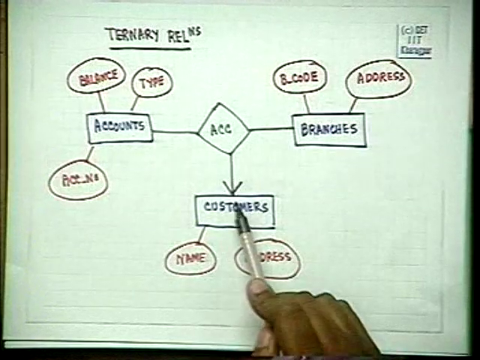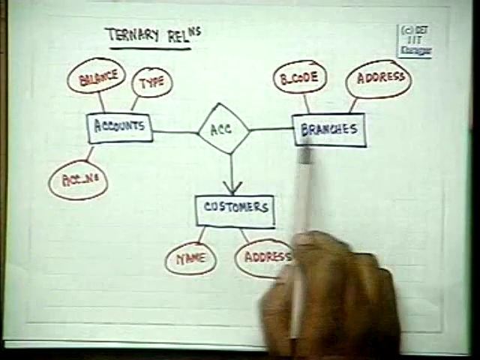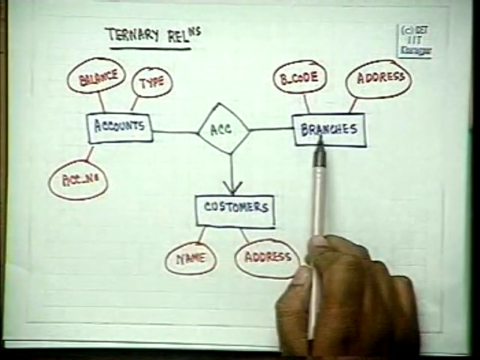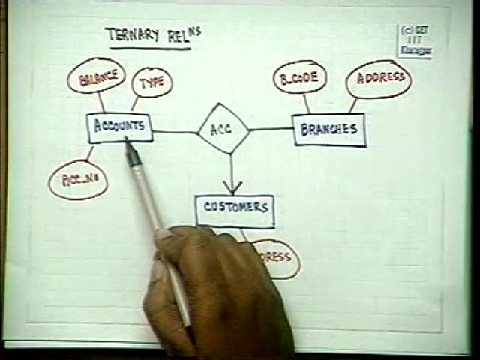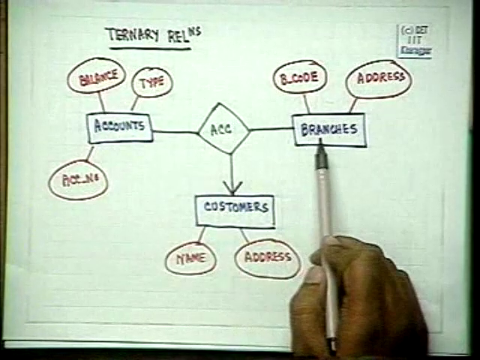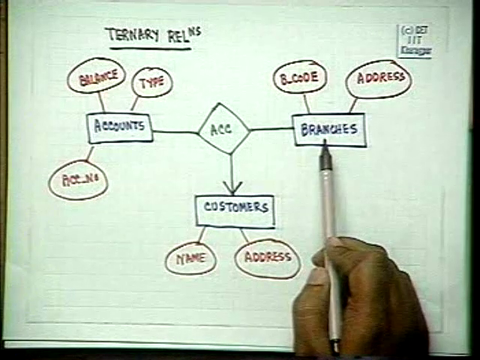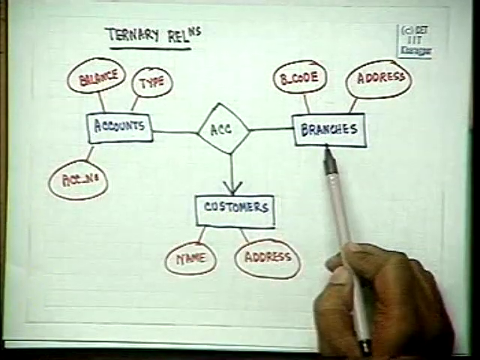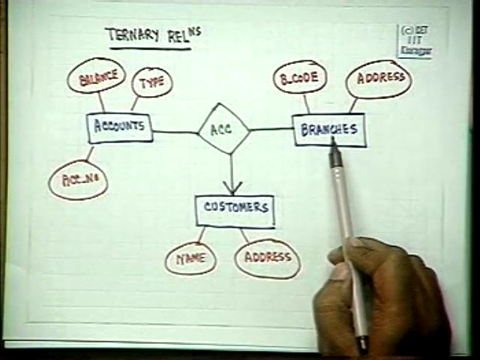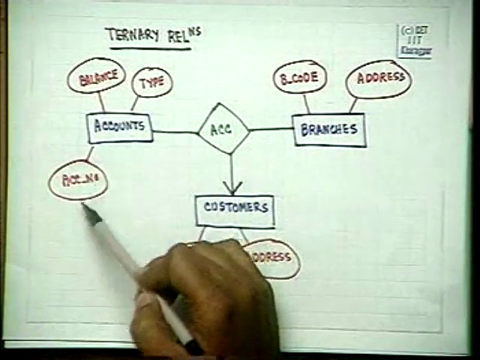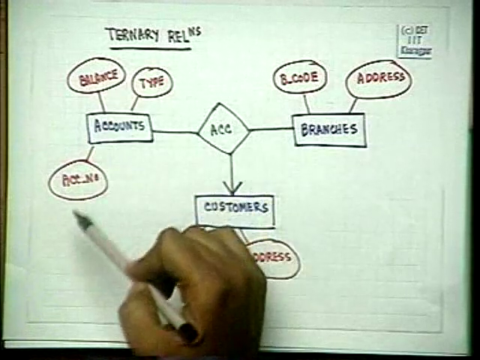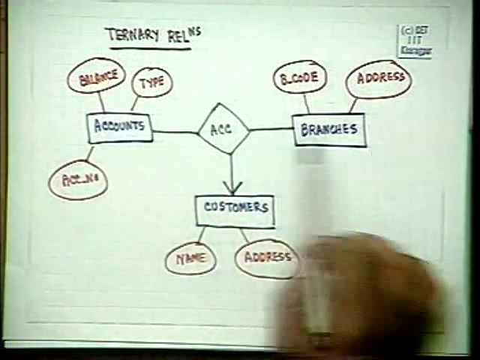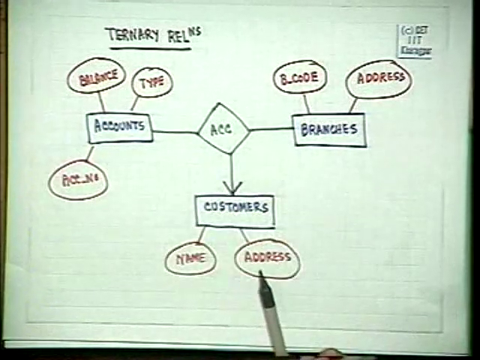Therefore, it means this to this, an account may be there, the same account number, balance and type may be there in 5 branches, and since it has got no arrows here, it means that in one branch you can have 2 accounts of the same name. This is what this means if we put no arrows.